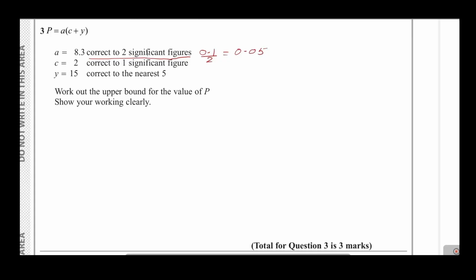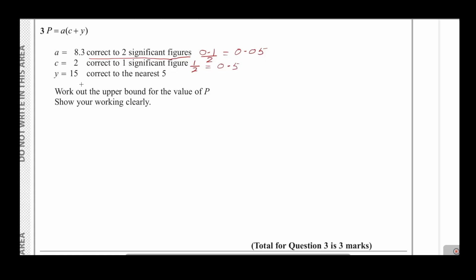So this is our key point for a. C equals 2, correct to one significant figure. The first significant figure is 2. It lies in the position of units. Therefore, you pick 1 to be divided by 2, which becomes 0.5. Our key point becomes 0.5 for C.